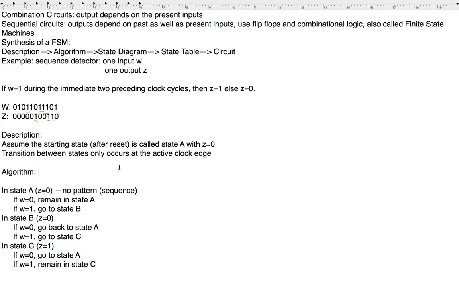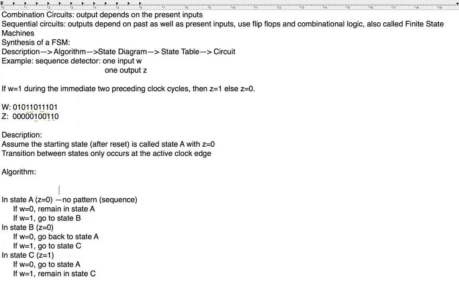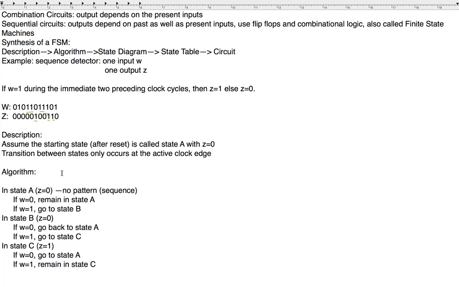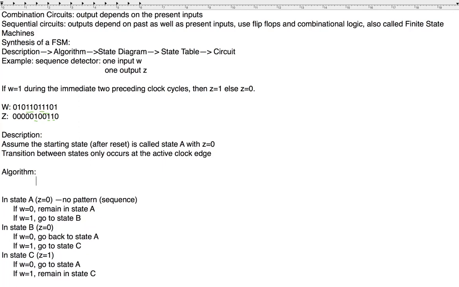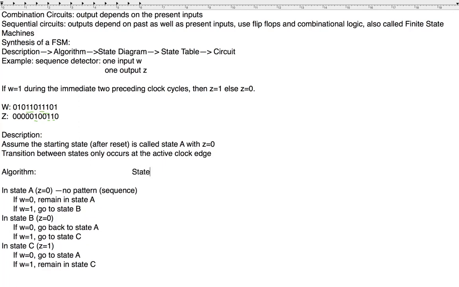So your state diagram, what that's going to look like is, let me do it here. For the state diagram here, we're going to start. So let me do our circles. So we have state A here, we have state B, and then we have state C. And we have a reset.